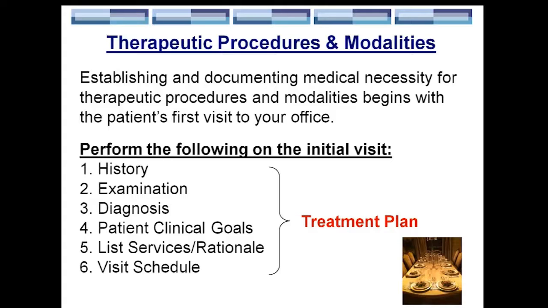Next part of the care plan, and you see the little photo in the bottom right corner, that's a table. You're setting the table. So we need to continue to set the table before we could start billing and performing therapeutic procedures. So the next step is the exam. Okay, so you finished talking to the patient. Now you're doing an exam on the patient.